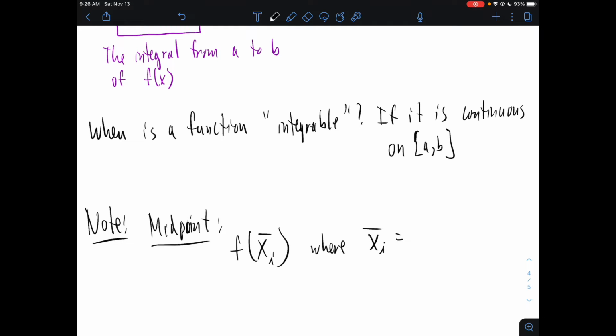And an average gives you a midpoint. In this case, it's the midpoint between x with the subscript I minus 1 and x with the subscript I. So between these two sections, you get 3 points that you learn about: right, left, and midpoints.